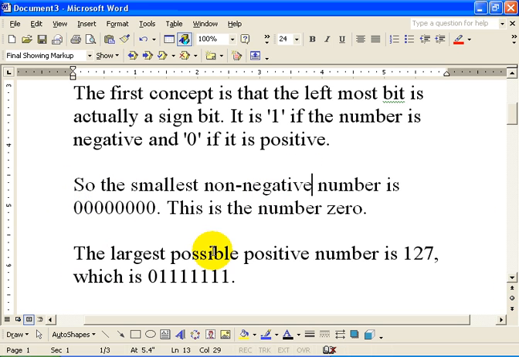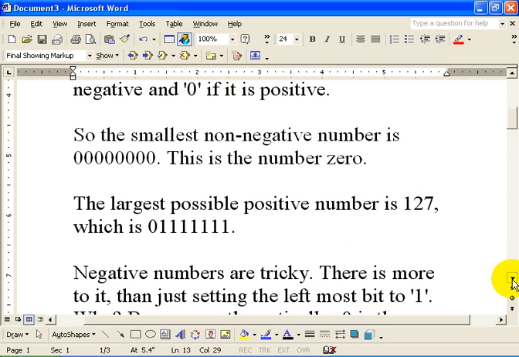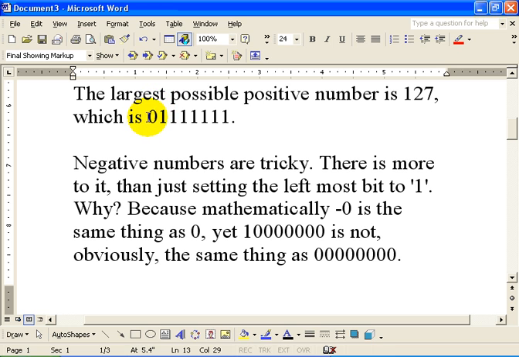Now the largest possible positive number is 127. Why? Well, it's a positive number, so the sign bit has to be set to 0. I can set all of the other bits to 1. And if we do the math, we'll find that 1 plus 2 plus 4 plus 8 plus 16 plus 32 plus 64 gives us a grand total of 127.